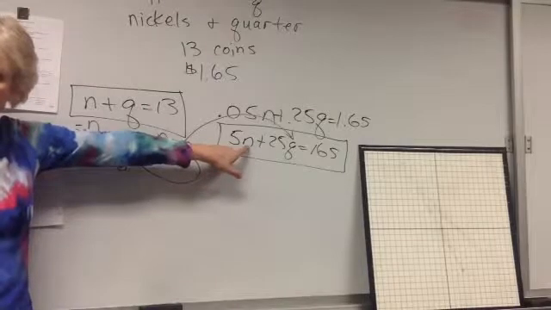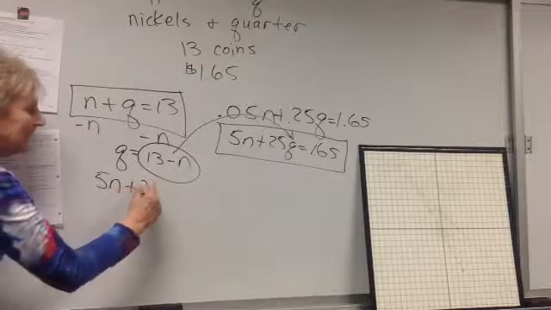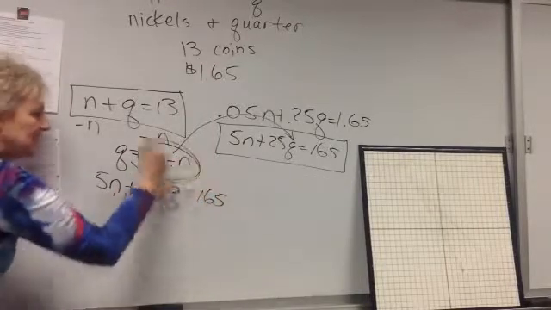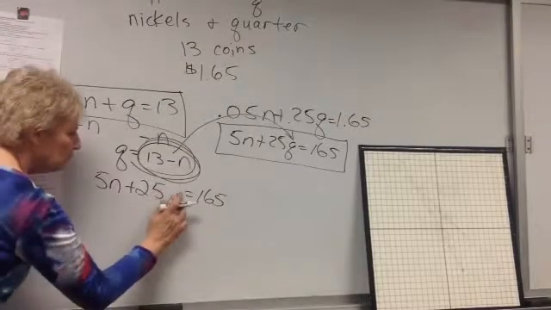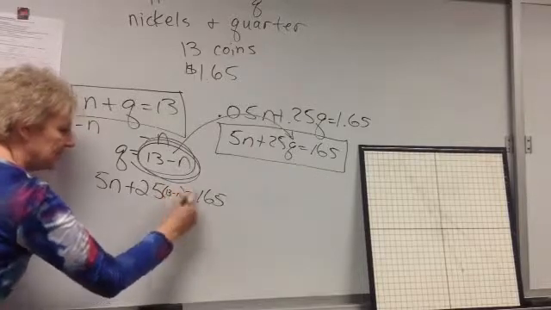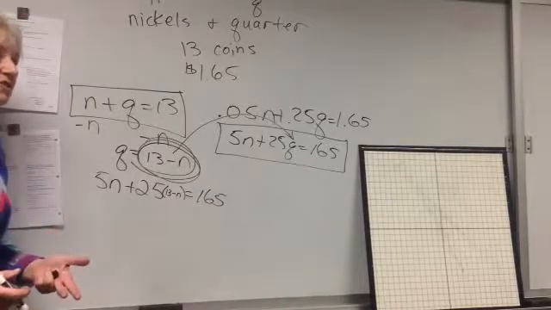That's all. Okay, so let's take the original money amount and plug this in for Q. Erase the Q and put 13 minus N. That's all you do. And now you solve for N. When you're done, you'll have the amount of nickels.